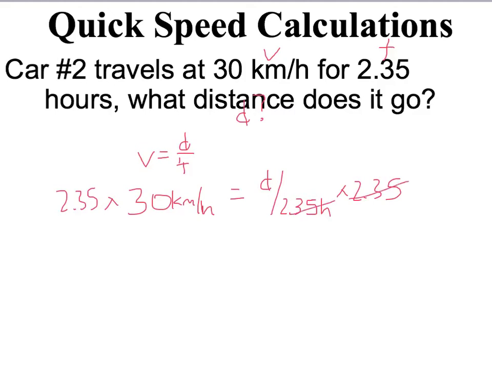And when we multiply 2.35 times 30, we get 70.5. Now remember, this is 2.35 hours. So these hours will cancel each other out, and what we'll have left is a distance, and we want to make sure to put our units with the distance, so that's going to be 70.5 kilometers.